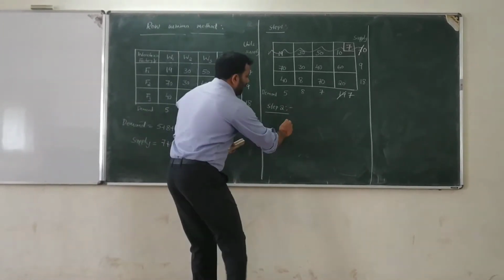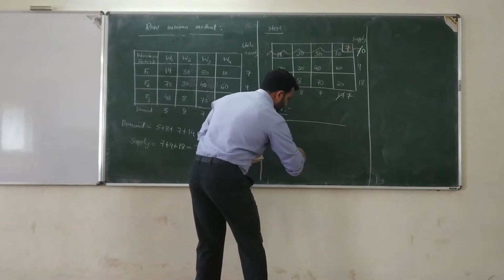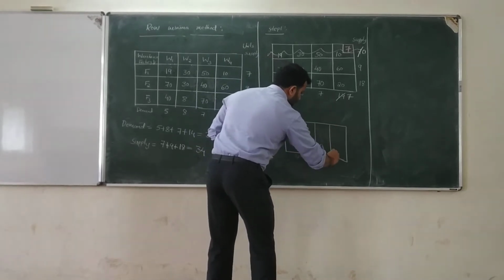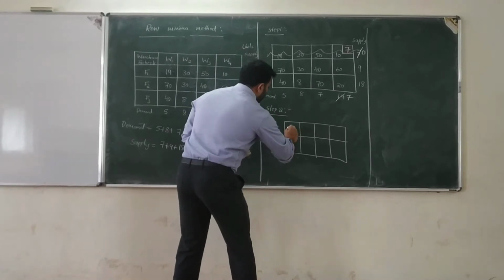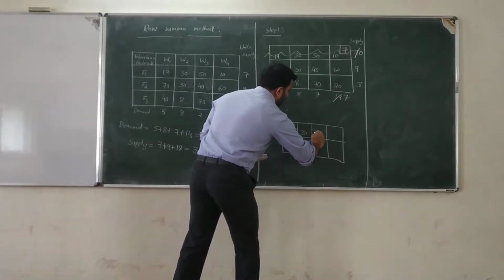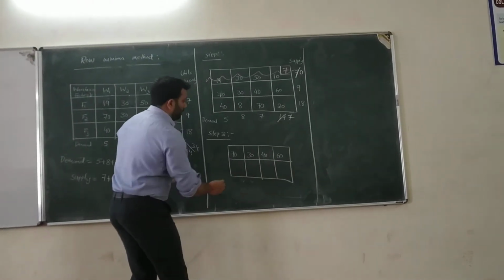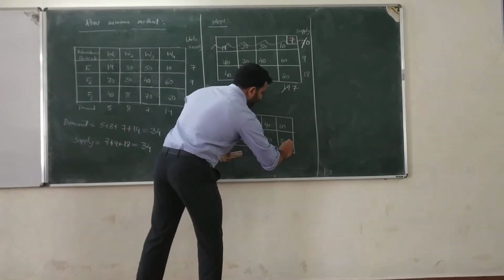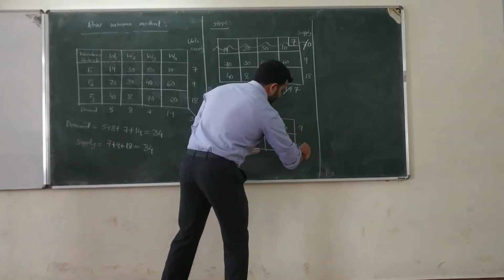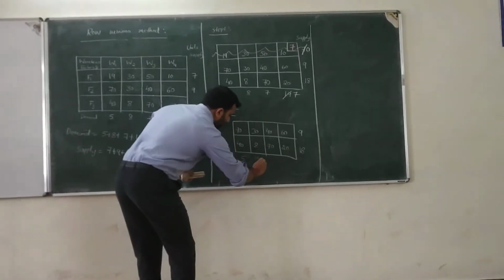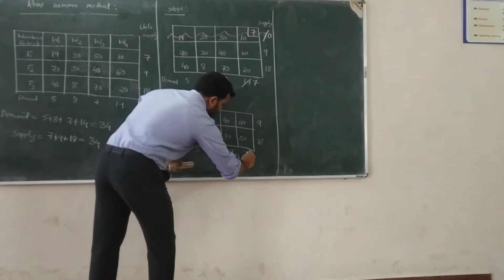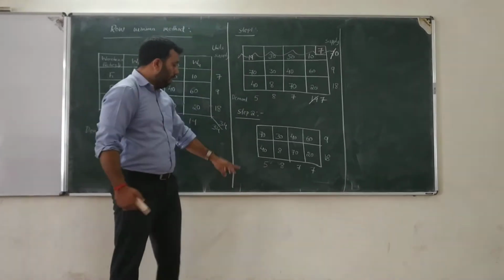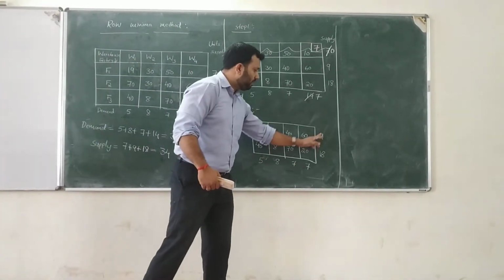Now coming to step 2. Here again, I am left with 2 rows and 4 columns, and this is the demand and this is the supply.